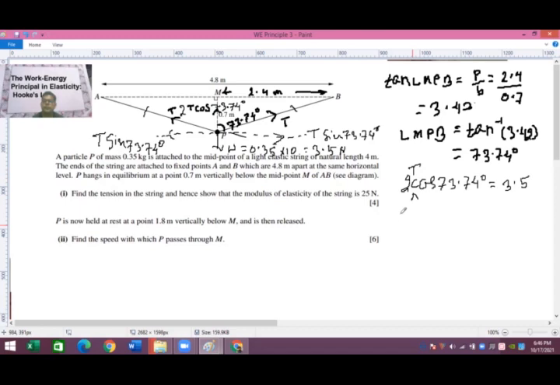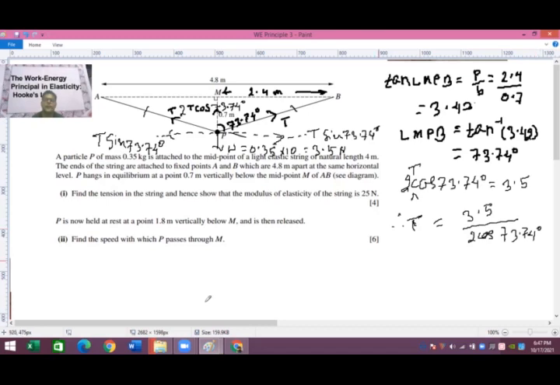So therefore you divide both sides by 2 cos 73.74 degrees, then you will have T equals 3.5 over 2 cos 73.74 degrees.